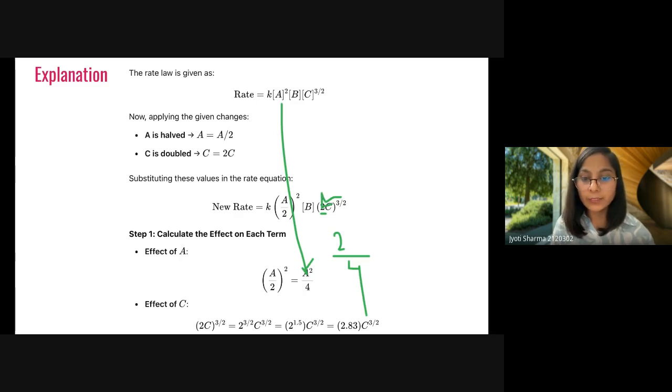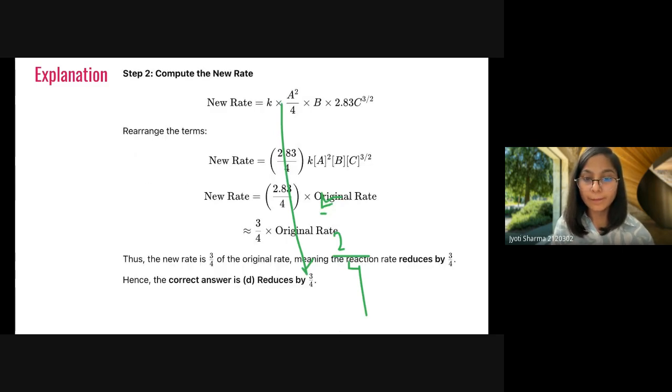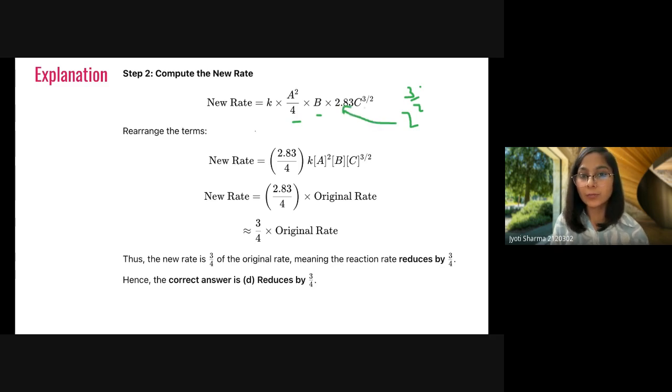So what do we get? The new rate will be K, A squared by 4, B, and we multiply by 2 raised to 3 by 2, so this will be 2.83.